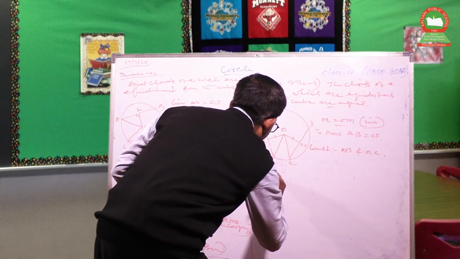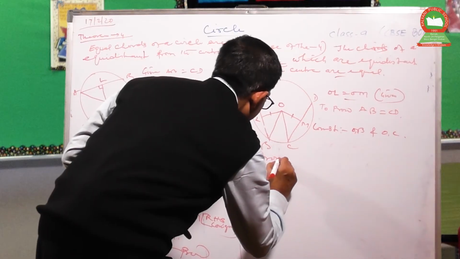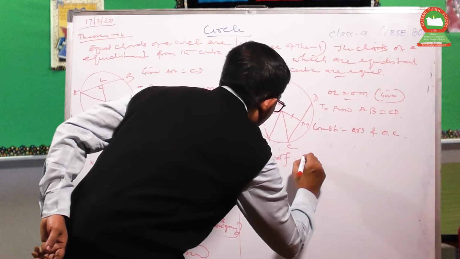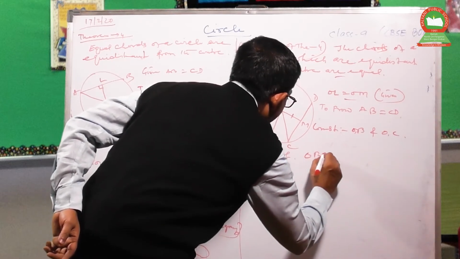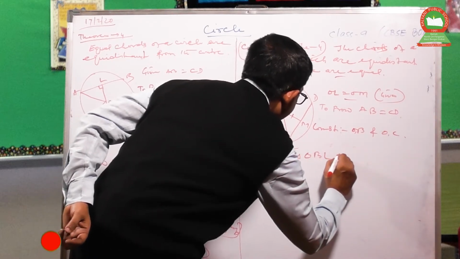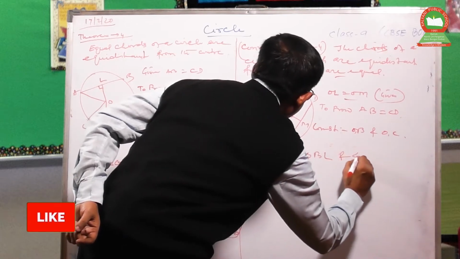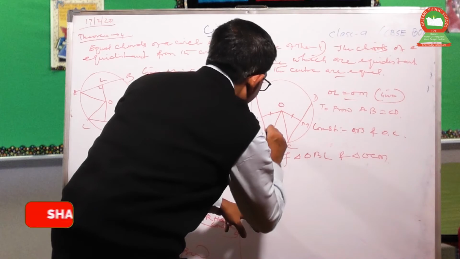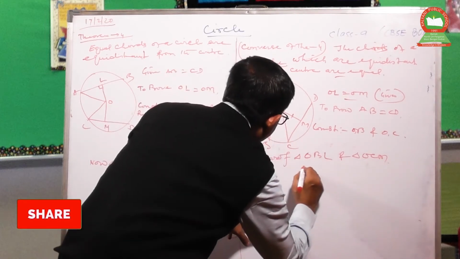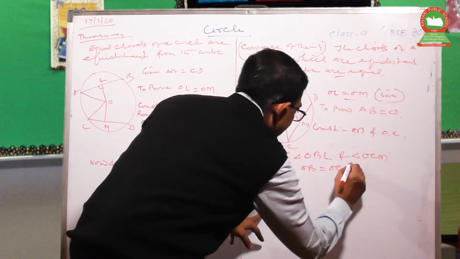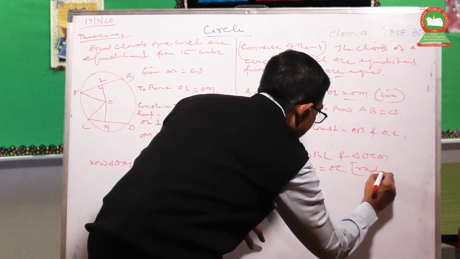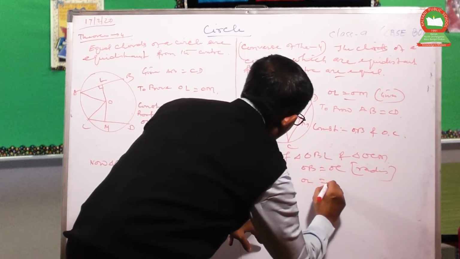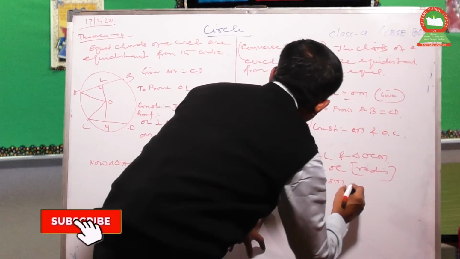Now the proof. In triangle OBL and triangle OCM, what are equal? OB equals OC, this is the radius. OL equals OM, it is also given.